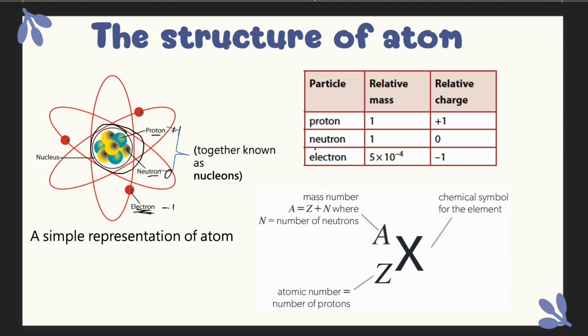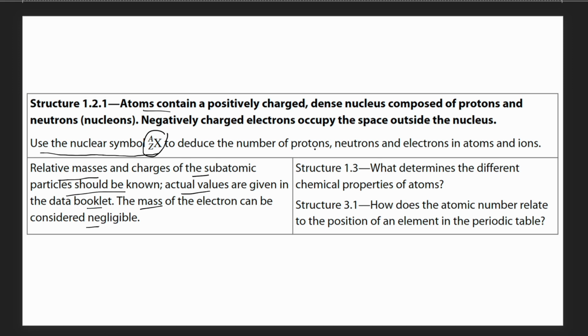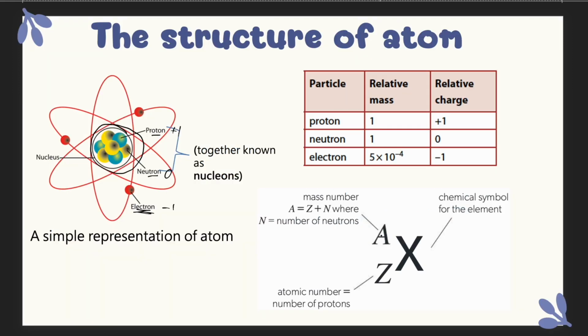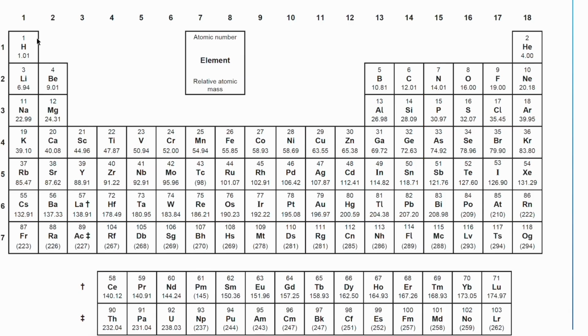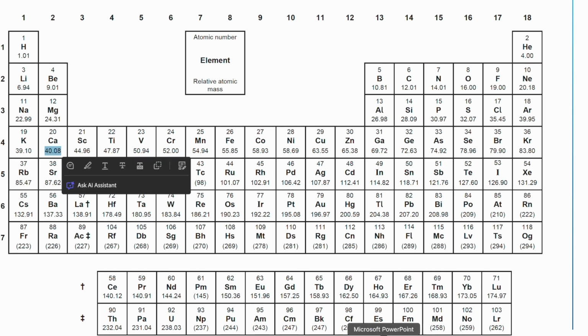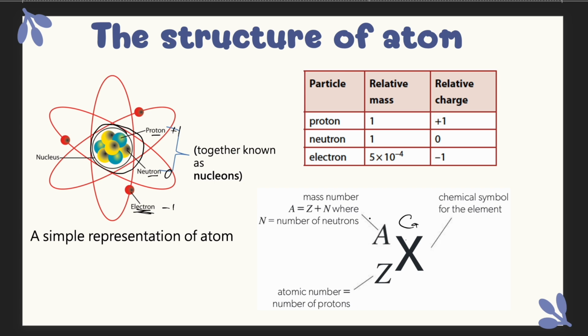This is what we call the nuclear symbol, okay? So these are the elements, for example, Ca. And A is the mass number. So Ca has mass number, let's see the periodic table, it's 40. Okay, so A is 40 and the atomic number is 20.